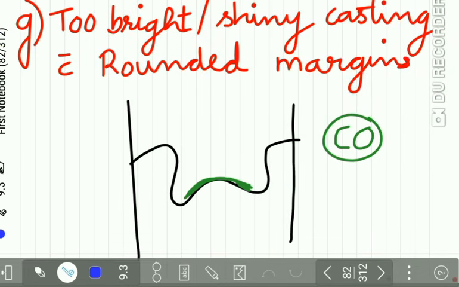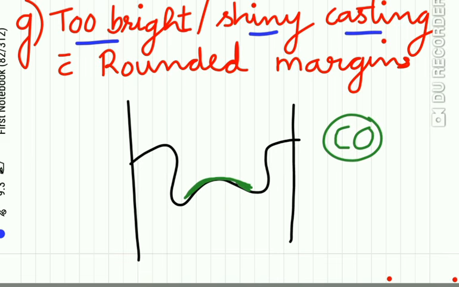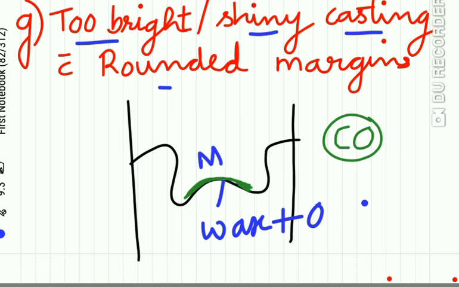Another type of defect is too bright or shiny casting with rounded margins. If this is a casting ring and this is the mold, if there are certain wax residues present in the mold, this wax reacts with the oxygen in the air, forming carbon monoxide gas, and this carbon monoxide gas is a reducing agent.